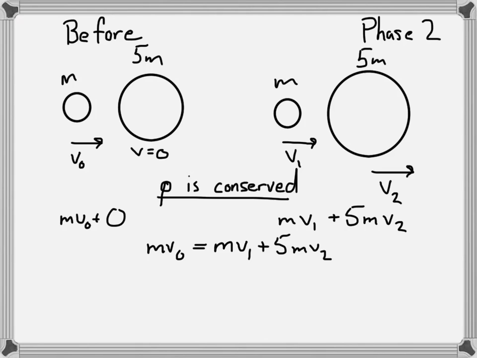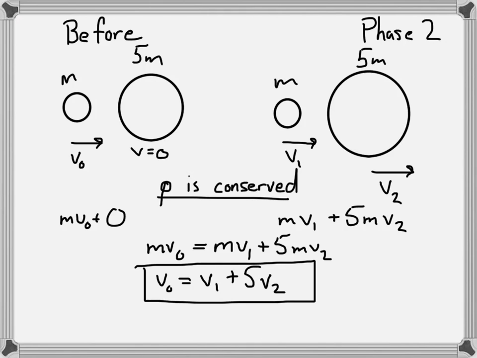So I get mv naught equals mv1 plus 5mv2. It looks like I have mass in each term on both sides of that equation, so I can divide those out. And this is what I get. I'm putting this in a square box because we're going to come back to that later. We're going to end up having to set up a system of equations, and this is the first equation of our system.